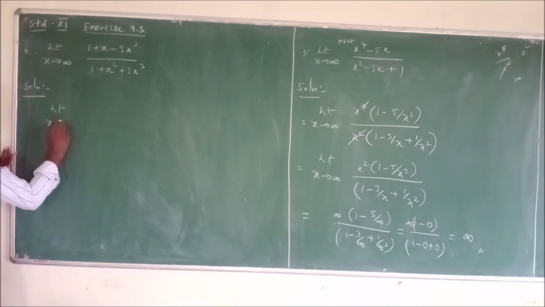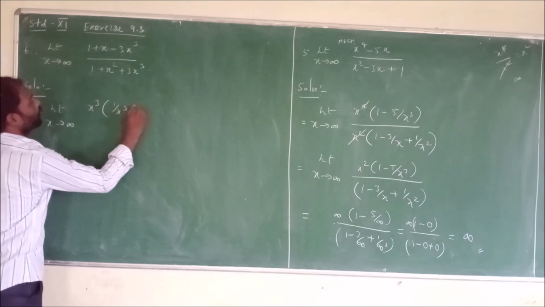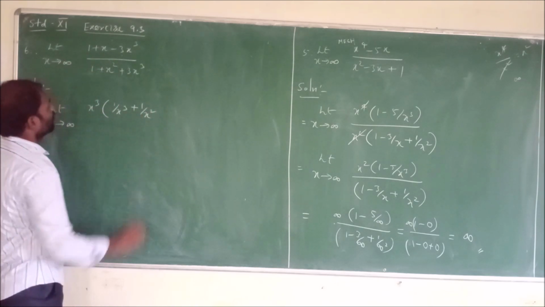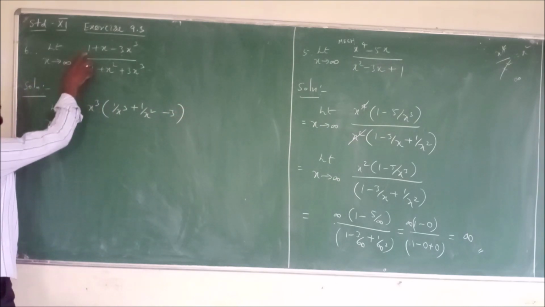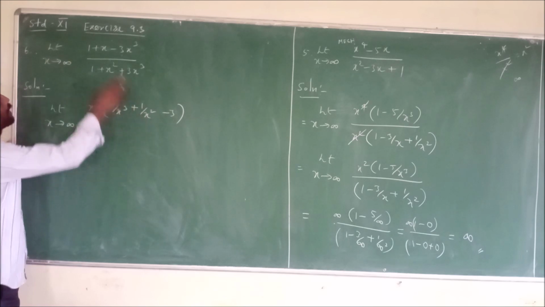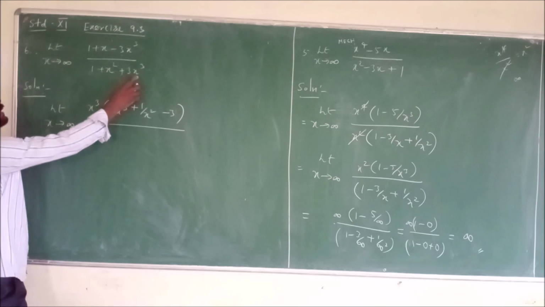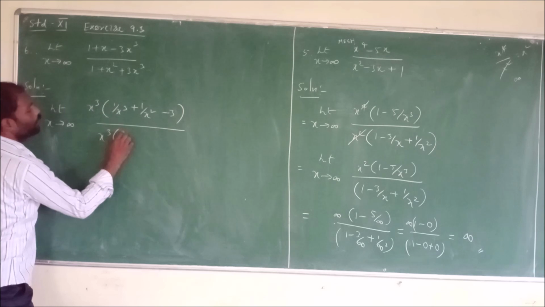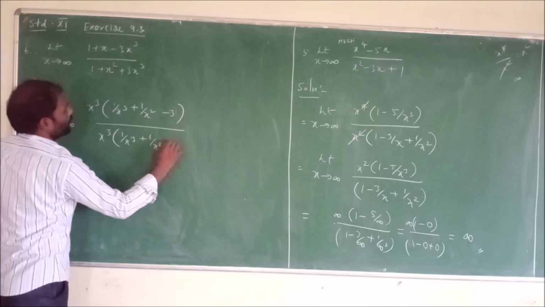Limit x tends to infinity. Take x cube common in the numerator for all terms: 1 by x cube plus 1 by x square minus 3. Multiplying by x cube, the terms are 1 by x cube, 1 by x square, and the remaining minus 3. Take x cube common in the denominator: 1 by x cube plus 1 by x square plus 3.